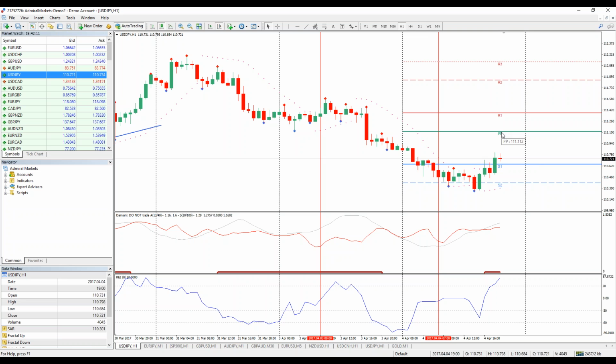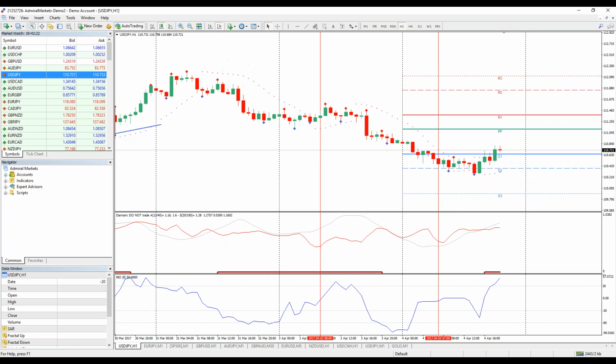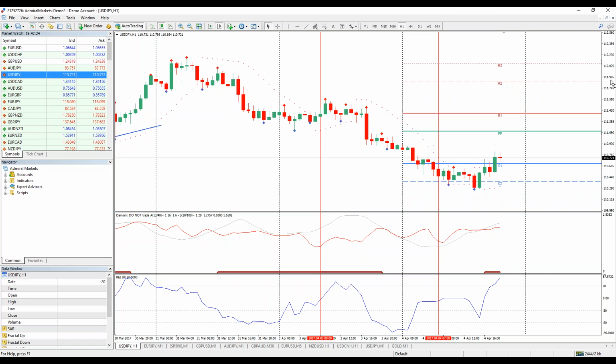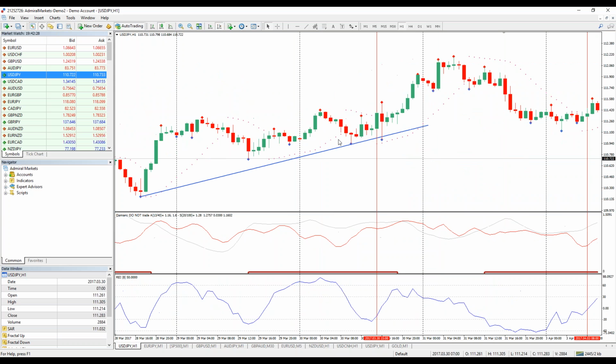Your target is either next resistance or next two resistance points. Usually you put your final target, if you get a surge of momentum, if you are in downtrend, at S3. If you are in uptrend, you put it at R3, and you follow dots. So in this example, you would have entered here, and you would just go long until this trailing PSAR stops you out.